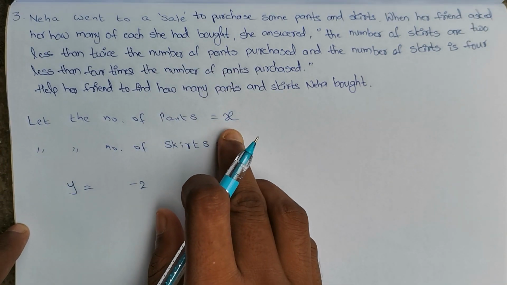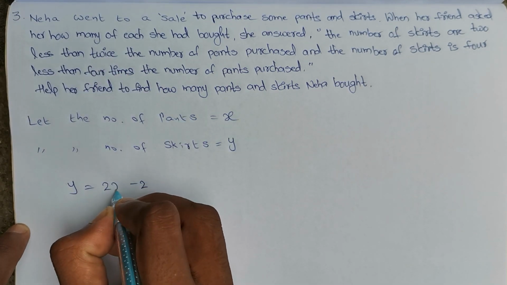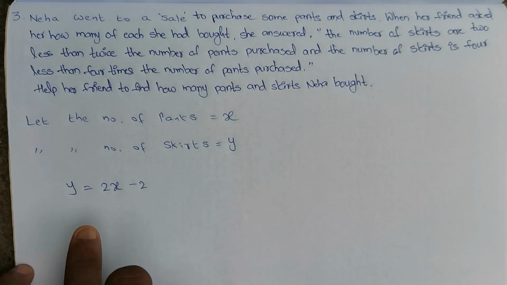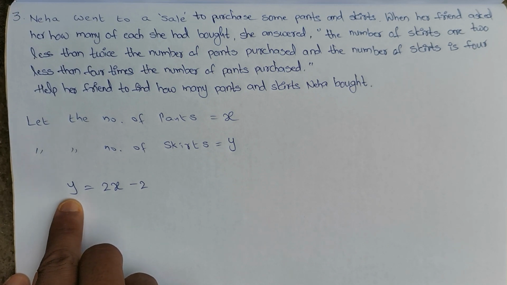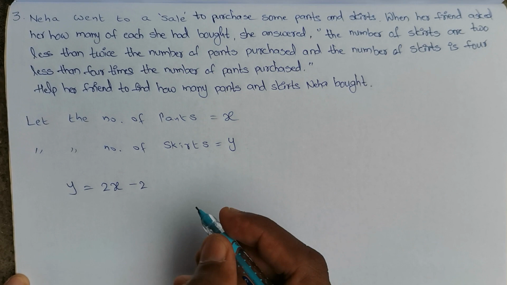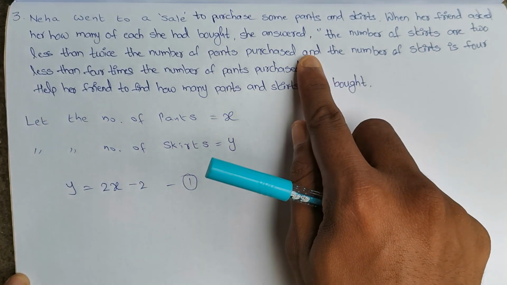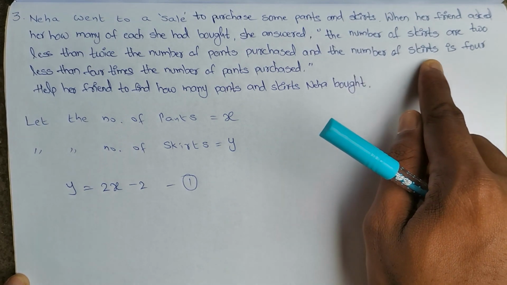Here pants is x, and he is saying twice, so it will be 2x. The number of skirts is 2 less than twice the number of pants. This is equation 1.